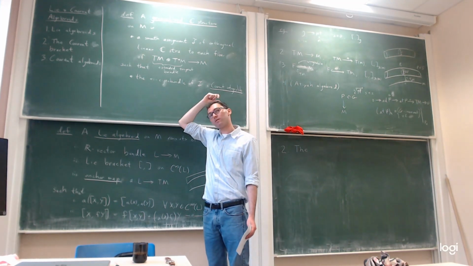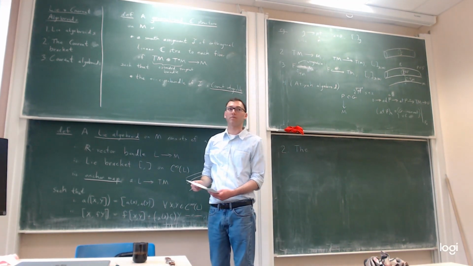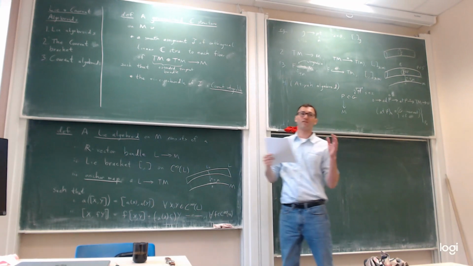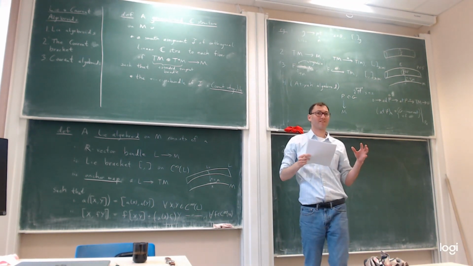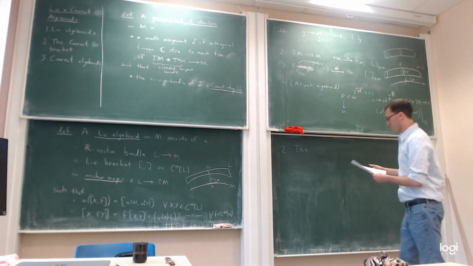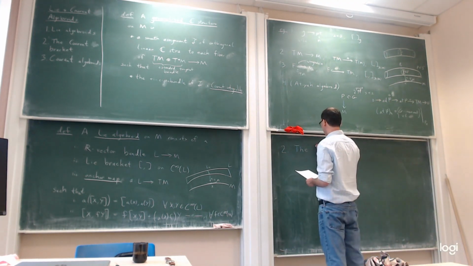So it seems that in this field of generalized complex geometry, we go back and forth a lot between real vector spaces and their complexifications. Okay, so the Courant bracket.